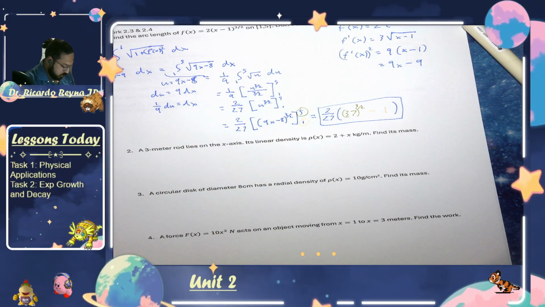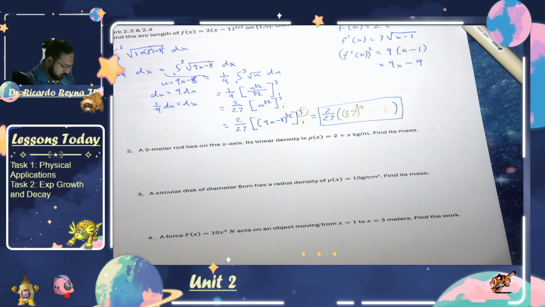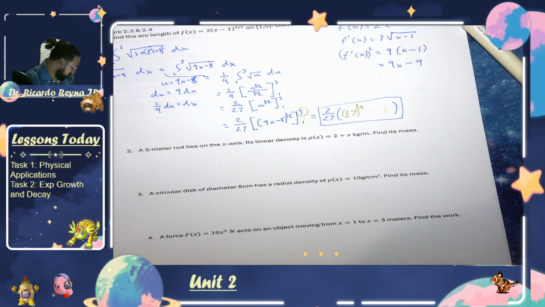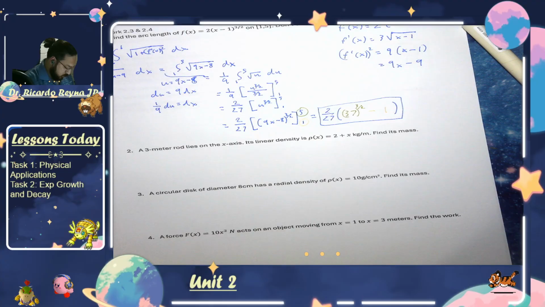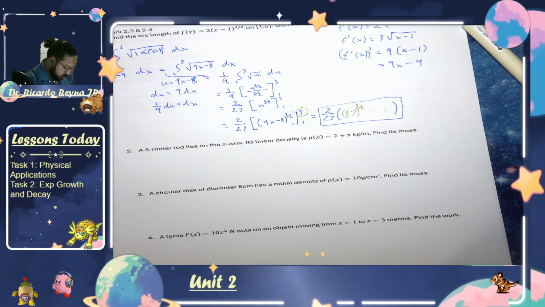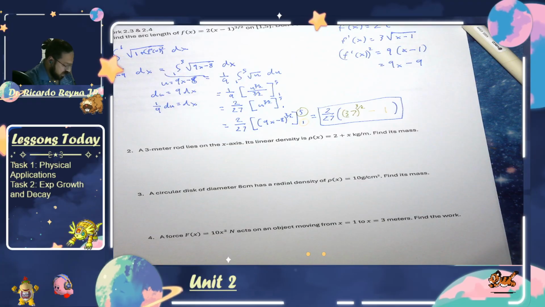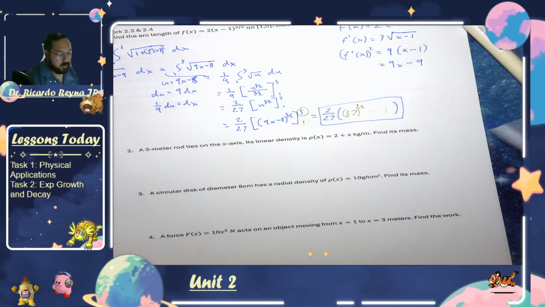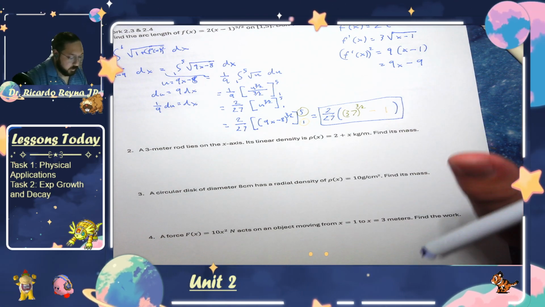So I'm going to quickly check that the answer is 16.6. Minus 1. Okay, so I get 15.597, so that would be 16.6. So that's correct. Okay, we're good.